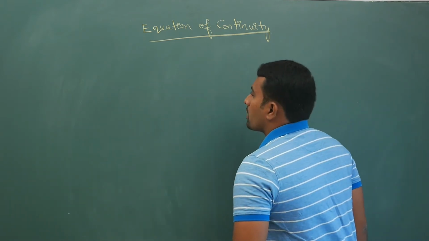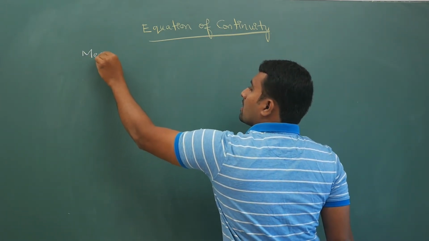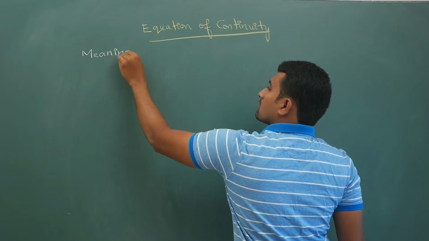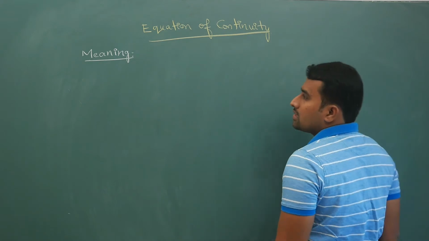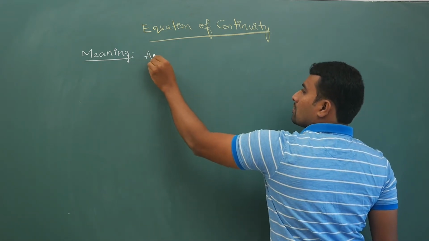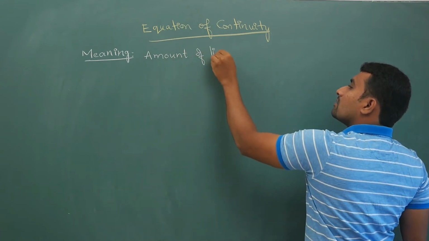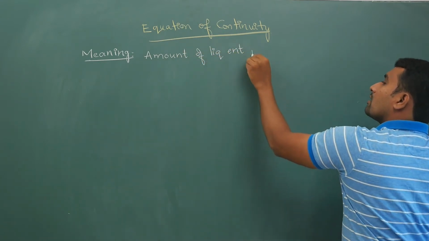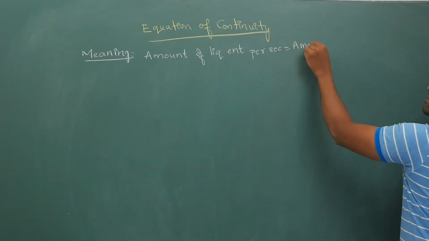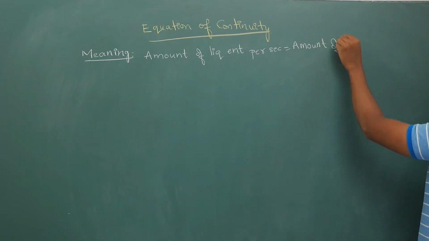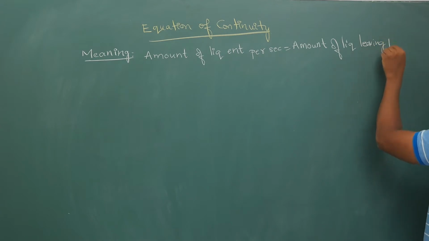I will tell you. If you talk of meaning, your equation of continuity says the amount of liquid entering per second is equal to the amount of liquid leaving per second.